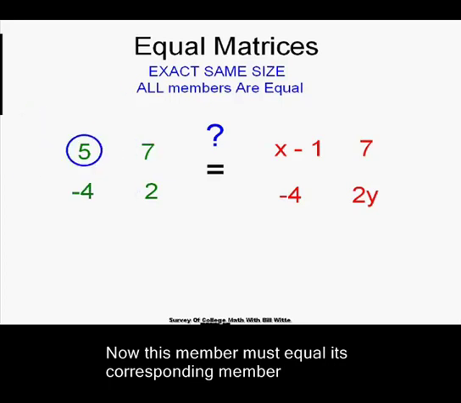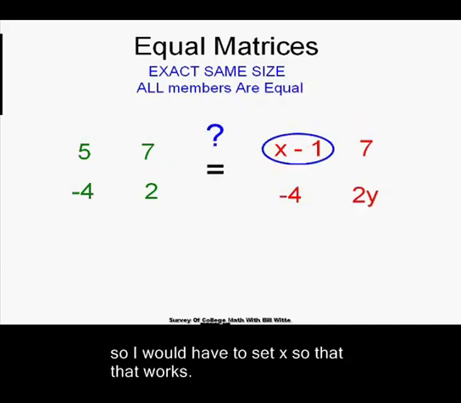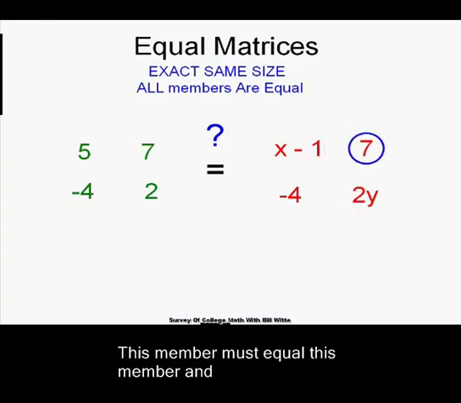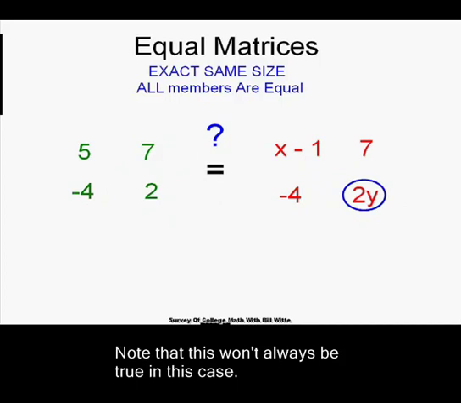Now this member must equal its corresponding member. So I'm going to have to set x so that that works. This member must equal this member. Well, that's looking good. This member must equal this member, and this member must equal this member. Well, this won't always be true.